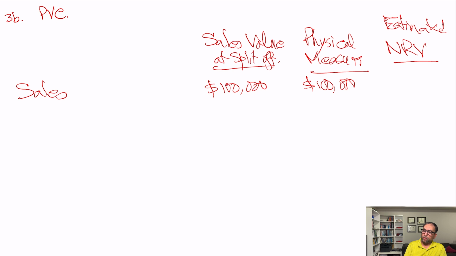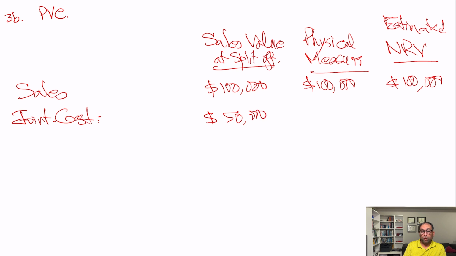Now for 3B, that is for PVC, we see that the sales are 100,000. Joint cost allocation under the three methods: for the first method, the allocation is 50,000. For the second method, the allocation is 40,000. And in the third method, it is 57,143.